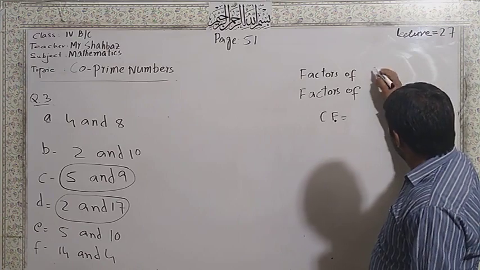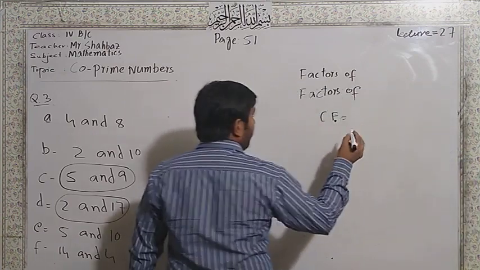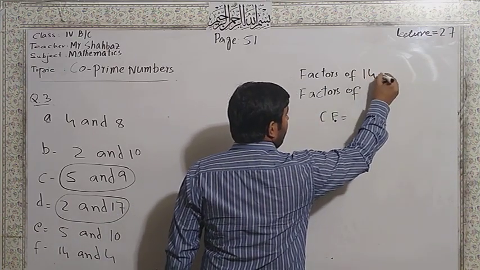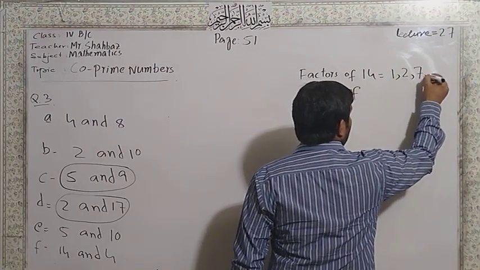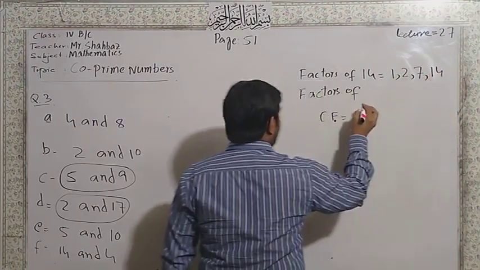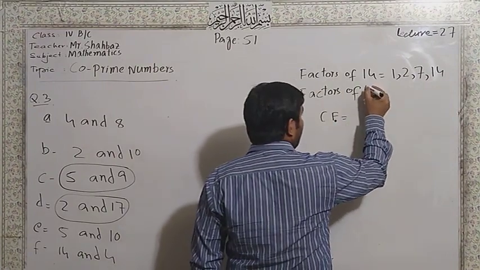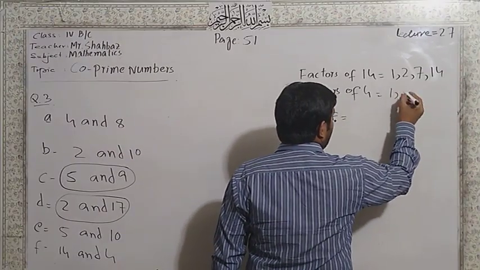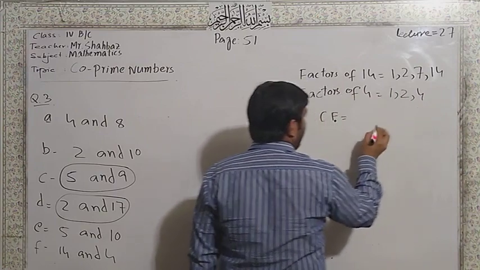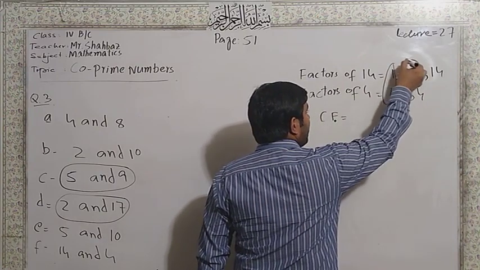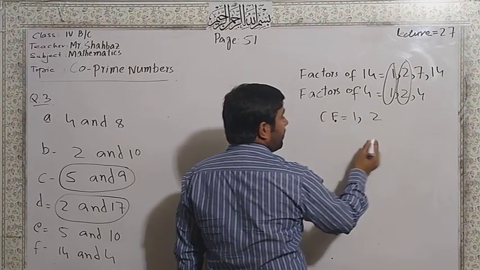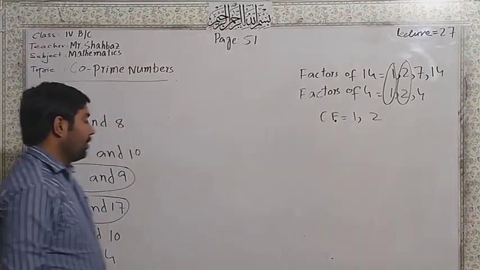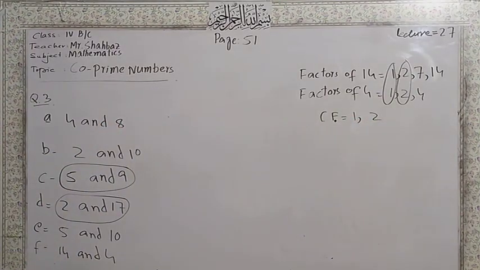Factors of 14: 1 times 14 is 14, 2 times 7 is 14, 7 times 2 is 14, 14 times 1 is 14. And then you have 4: 1 times 4 is 4, 2 times 2 is 4, 4 times 1 is 4. Which one is common? 1 is common, 2 is common. So there are also more than 1. You will not circle this one. Okay, dear students.